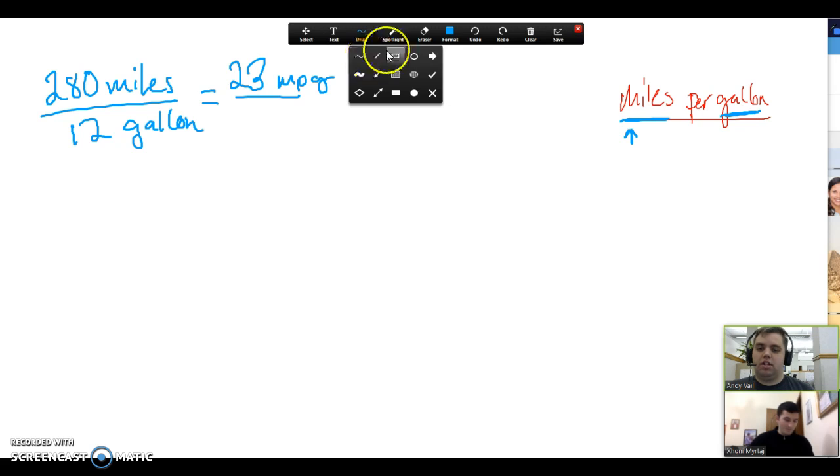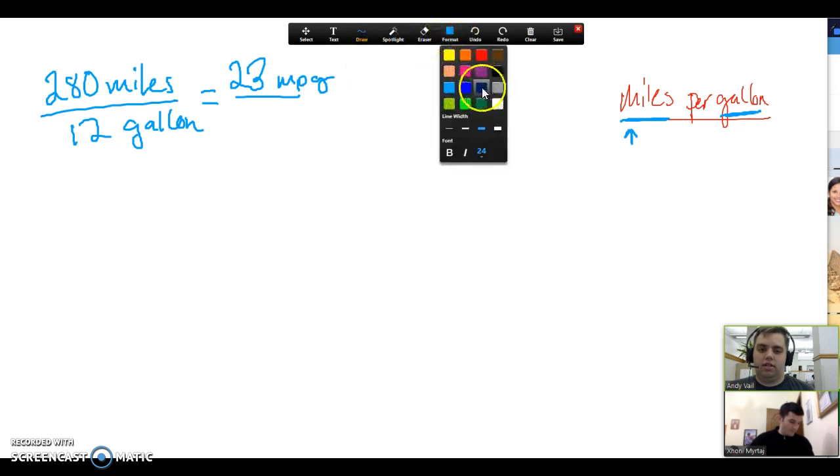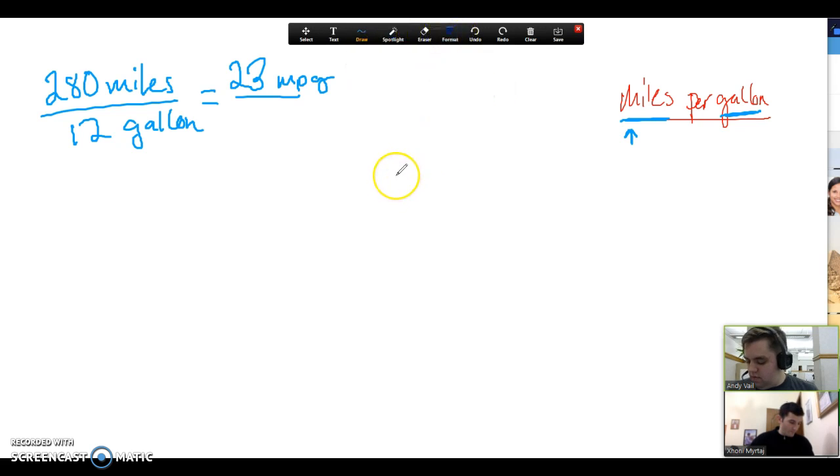So the next one kind of brings in a third little option. It says, if you drive 280 miles on 12 gallons of gas, and gas is $3.20 per gallon, how many miles per dollar do you get?